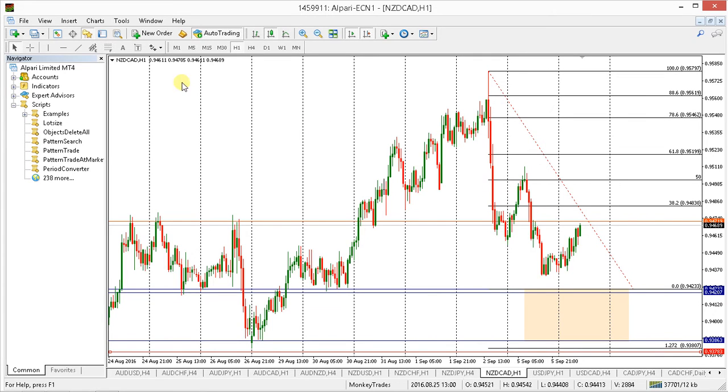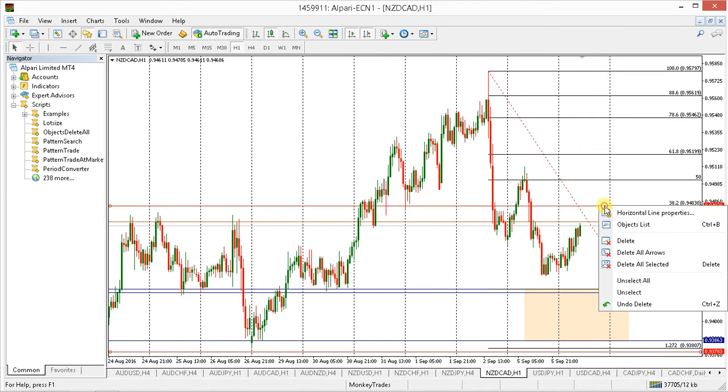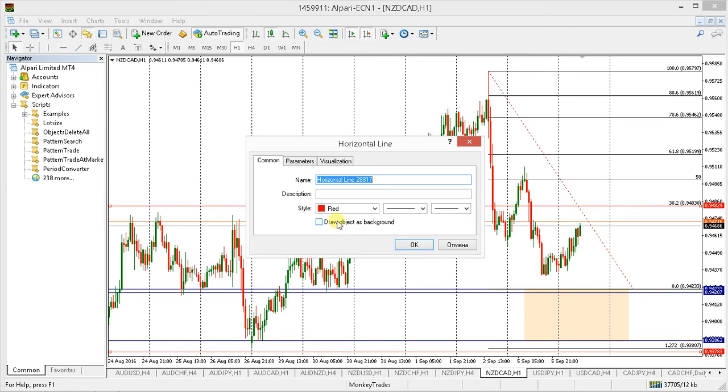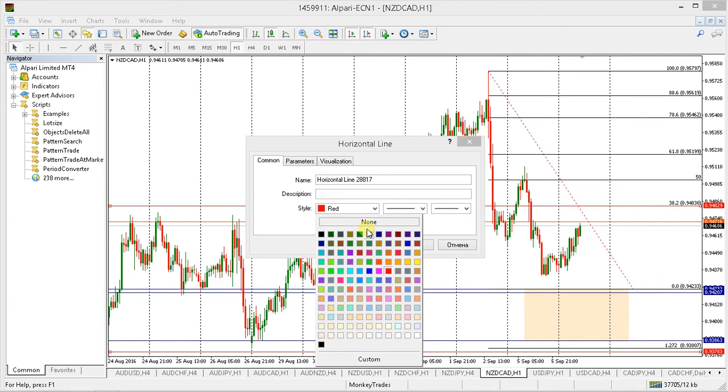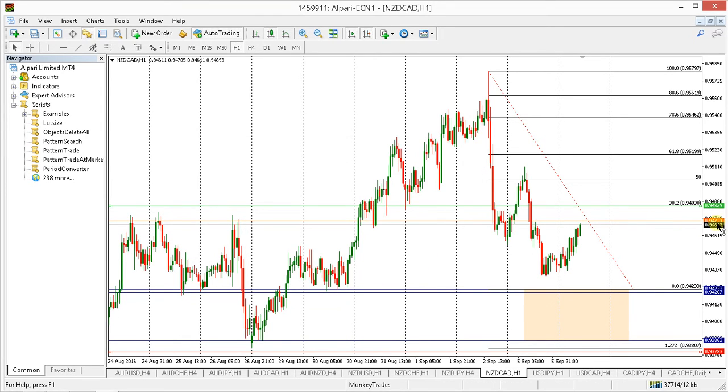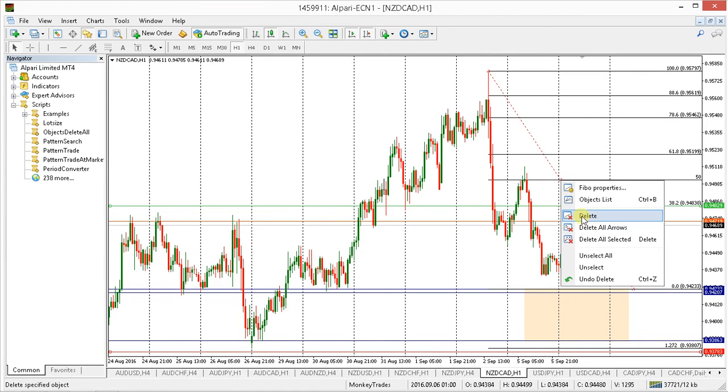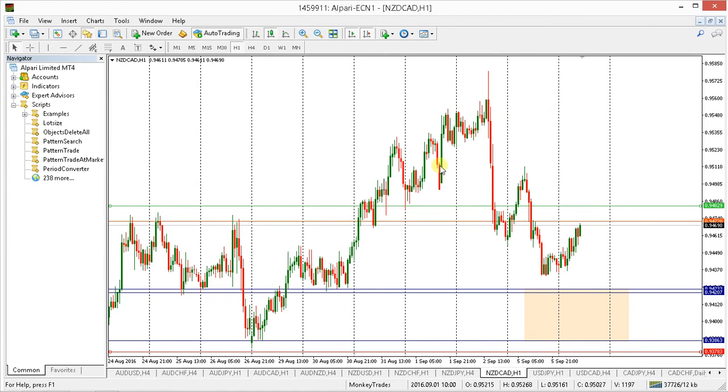From A to D, it is 0.382. And I will use a green for that line. Lime green, maybe. Here it is. Okay, so green is the target, red is the stop, blue is your entry. Let me delete this. You see these lines.